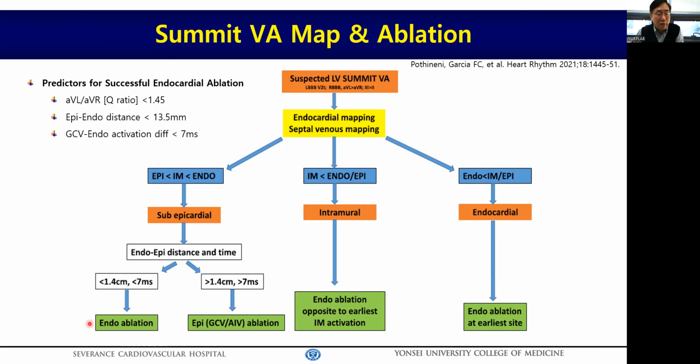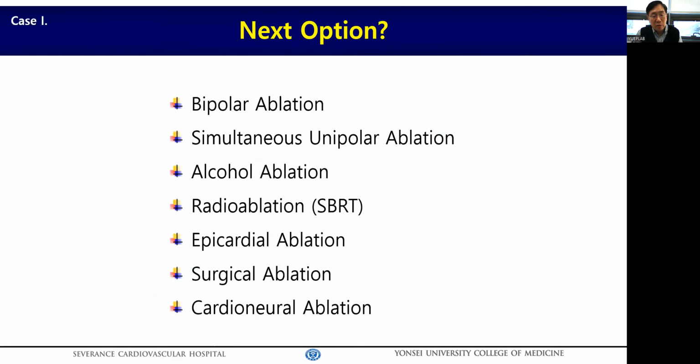If wall thickness differs within 14 millimeters and activation time differs within 7 milliseconds between endo and epi, you can try endocardial ablation first. Otherwise, you have to consider epicardial or coronary vein ablation. So in this patient, the activation difference between endo and epi was less than 7 milliseconds, but probably the separation was longer than 14 millimeters. I will show it later.